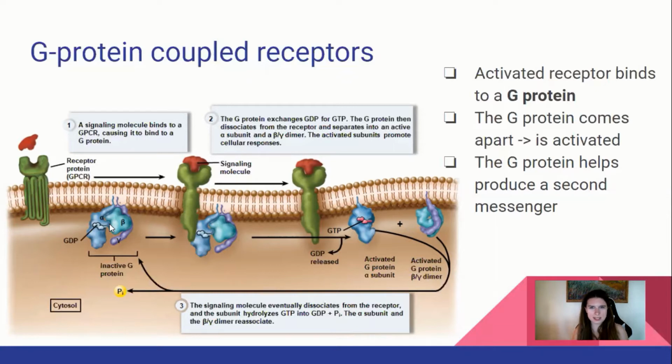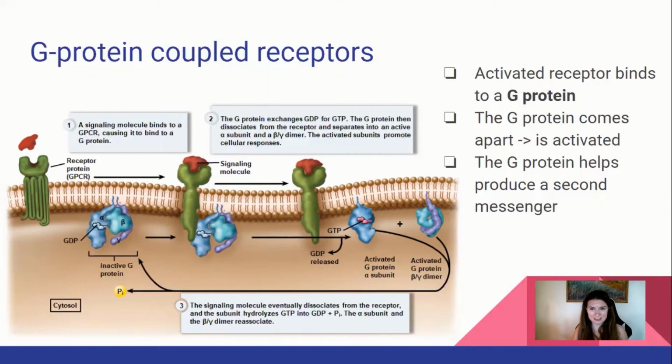When it binds to that G protein, the G protein also gets activated. And what it looks like when it gets activated is it splits apart. Okay. The final step for this G protein coupled receptor is that that activated G protein is going to be the one that starts creating second messengers, that kicks off that pathway of dominoes inside of the cell, that does that signal transduction part of signaling.